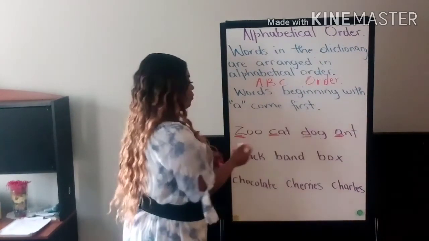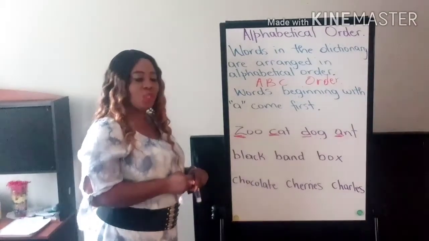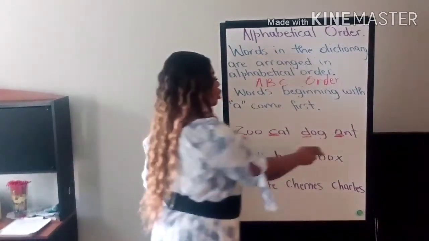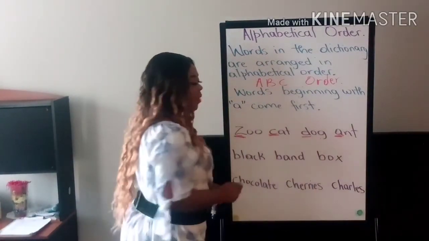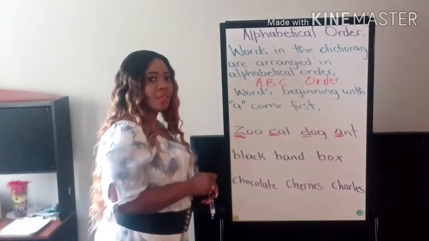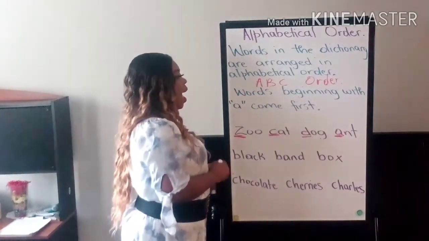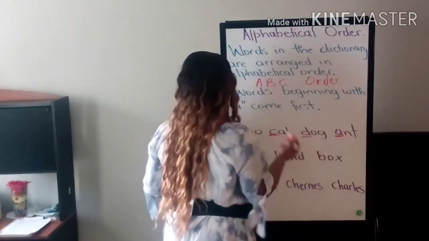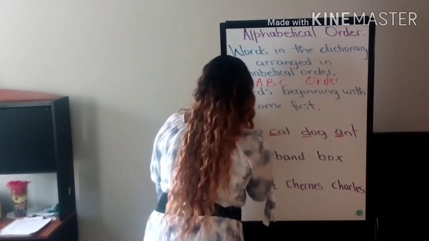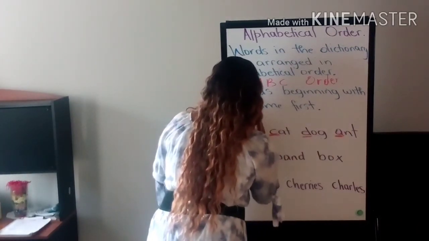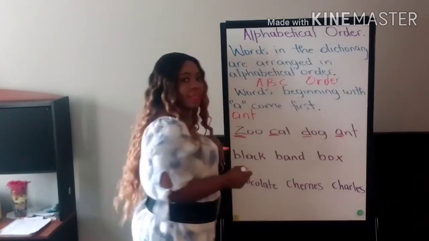So you will look at the first letter in each word. Now, which one of these would come first in the alphabet? That is a question that you will ask yourself. And of course, if you said A, you are correct. So ant here would be first, right?